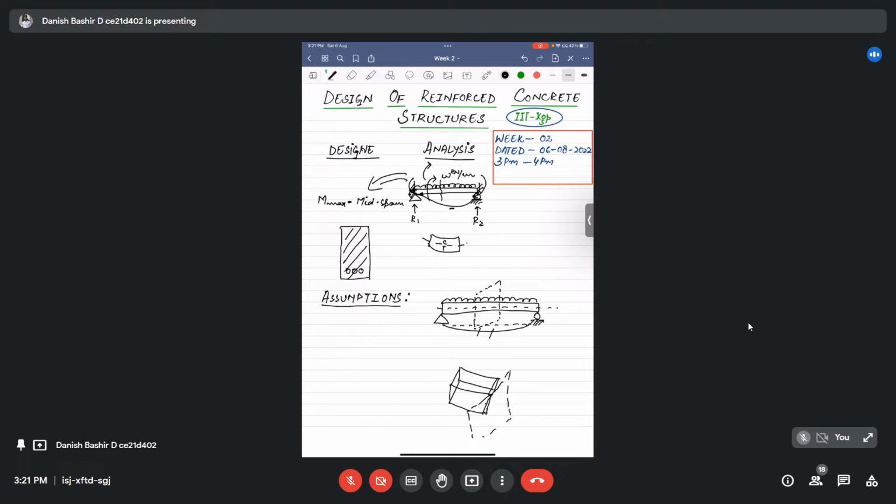For example, if I draw a tangent to this elastic curve and a tangent to the plane as well, they will make an angle of 90 degrees. So the planes before the deformation and after the deformation are perpendicular to the axis of the beam. This was the first assumption.